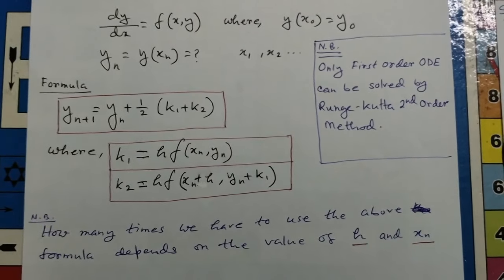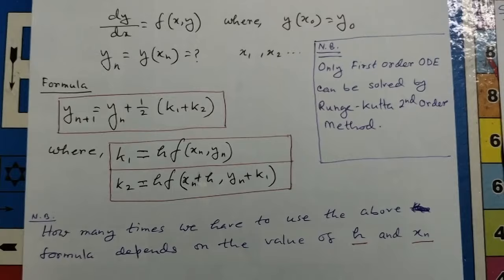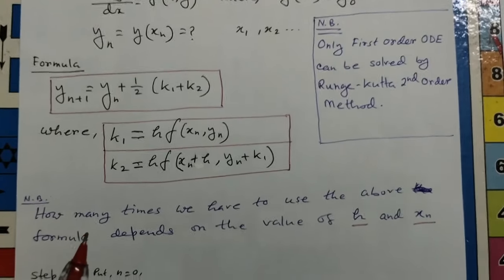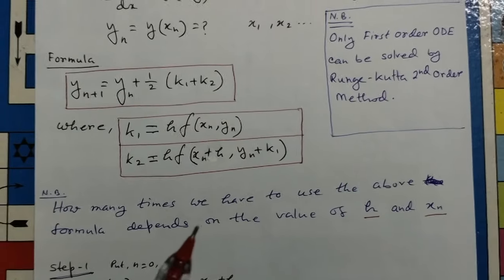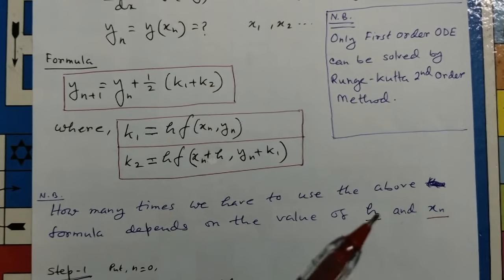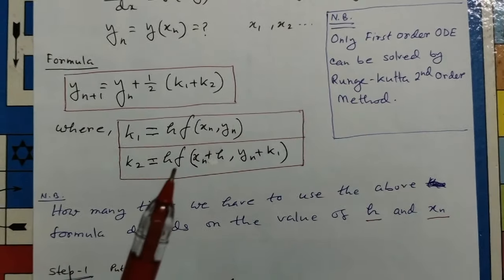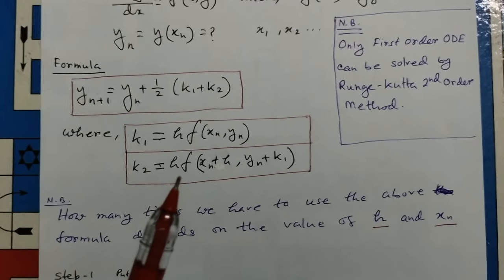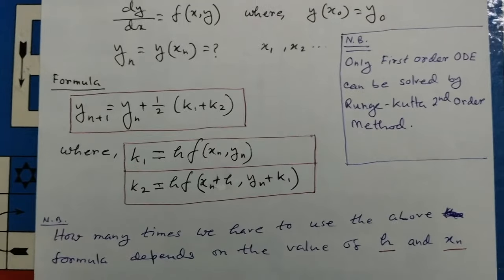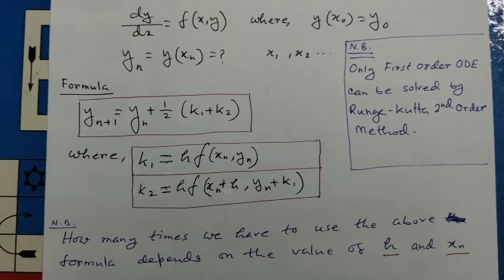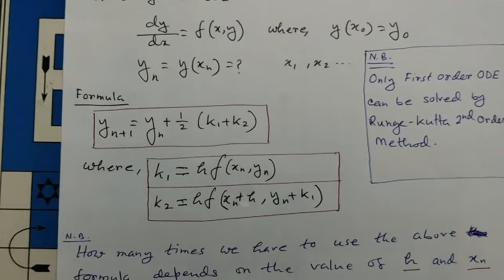Remember this thing, it is very important. How many times we have to use the above formula depends on the value of h and xn. Now, what is h here? h is the step difference, or step size, the increase between two consecutive instances of x.